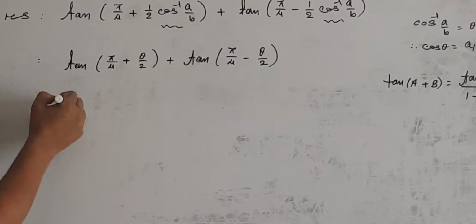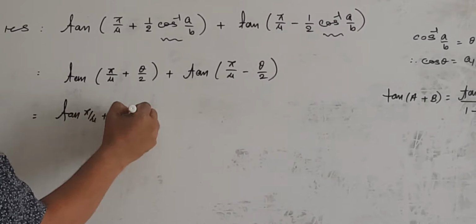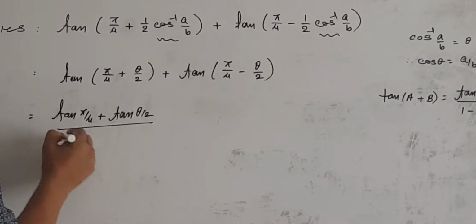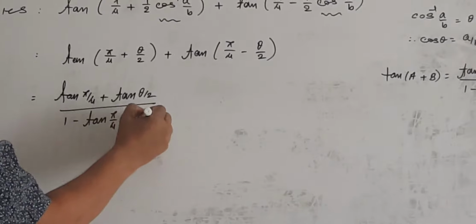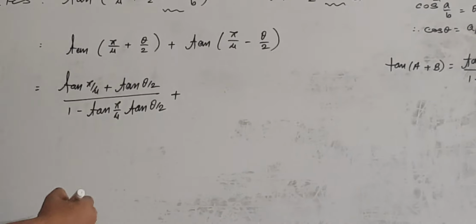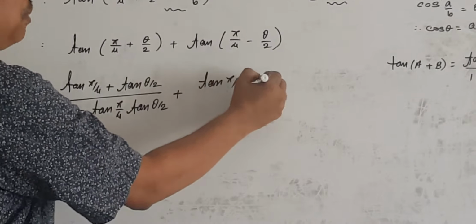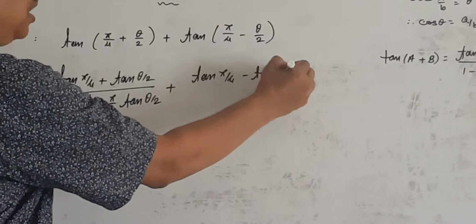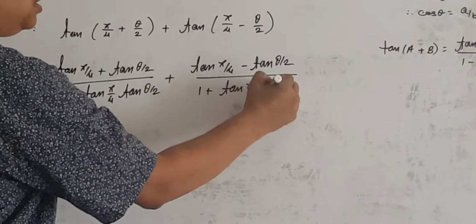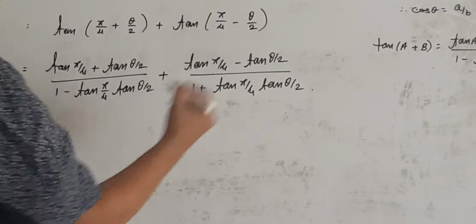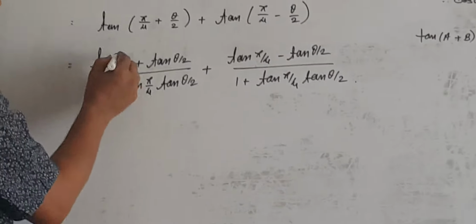If you apply the formula, then (tan pi/4 + tan theta/2) upon (1 − tan pi/4 tan theta/2). Here also we use the same thing: (tan pi/4 − tan theta/2) upon (1 + tan pi/4 tan theta/2). Is that clear? Everyone knows the value of tan pi/4 is 1.